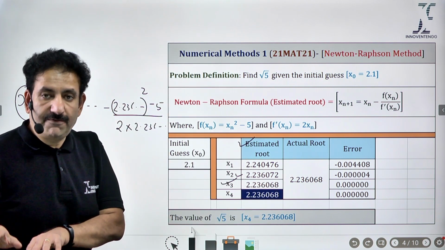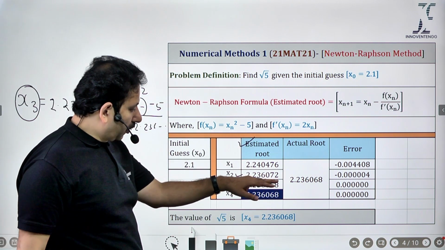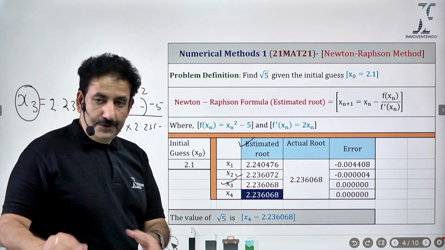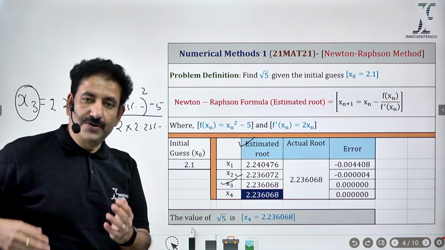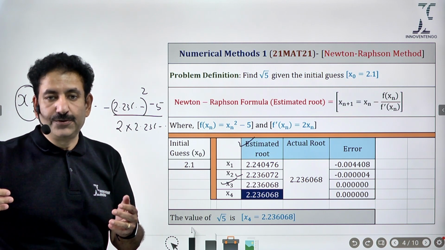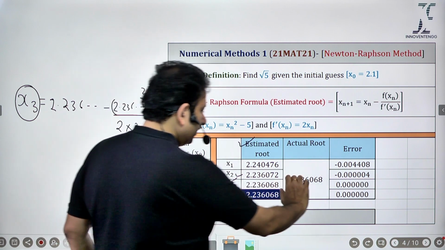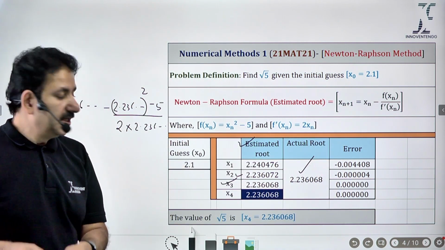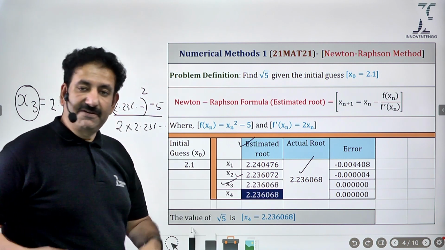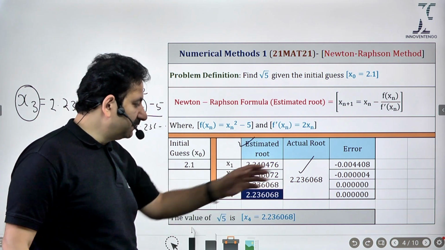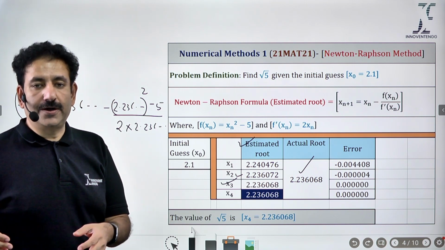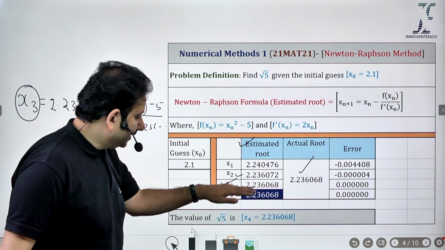One more method of halting is that if your root is not improving. Because when you are solving a problem, if you don't have a graphing calculator, you don't have a calculator, you are just blindly doing a problem, then this value will not be available to you. Here we are demonstrating a problem to you, so we have used a graphing calculator, we have used a scientific calculator, we have come out with this value. In a case where you do not know the actual value, how do you halt? The improvement in the estimated roots.